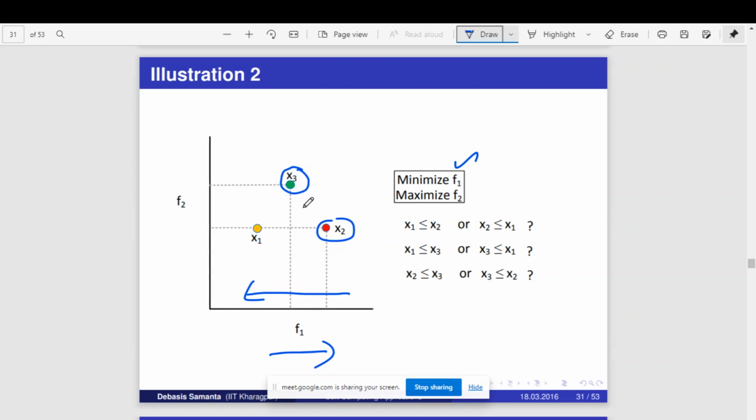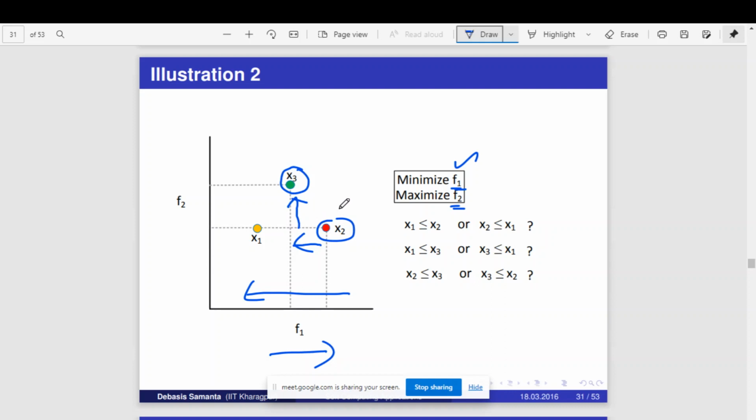Is x3 higher than x2? So in both ways it is satisfying. With respect to f1, x3 is better than x2. With respect to f2 also, we want to increase the height, so x3 is better than x2.